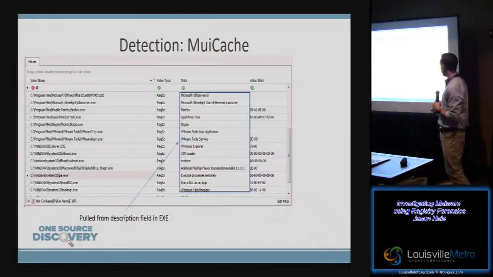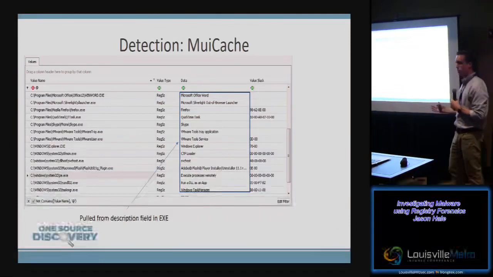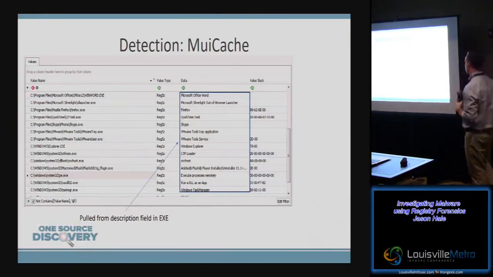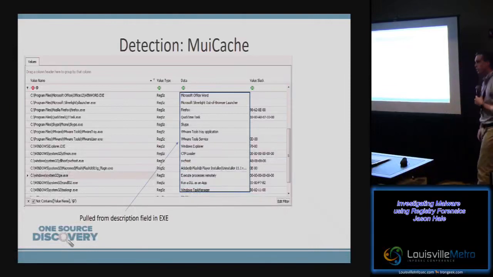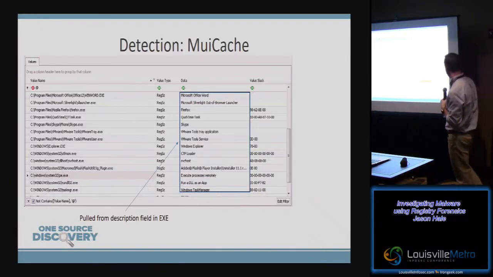Since this description is pulled directly from the executable, you can pick up on some pretty cool things that may be going on. If you look at the third from the bottom process, you've got a description called "execute processes remotely." Does anyone recognize that description from an executable? It is a Sysinternals tool. Yes, PsExec.